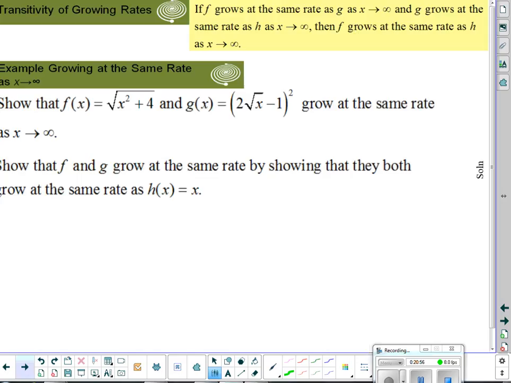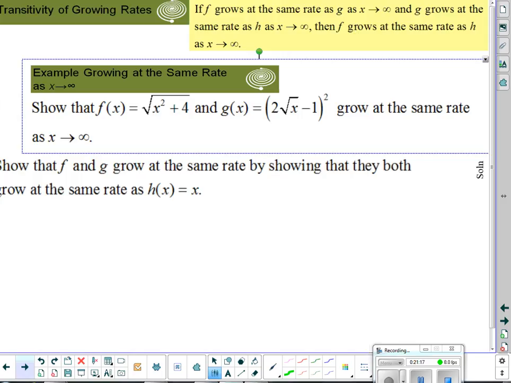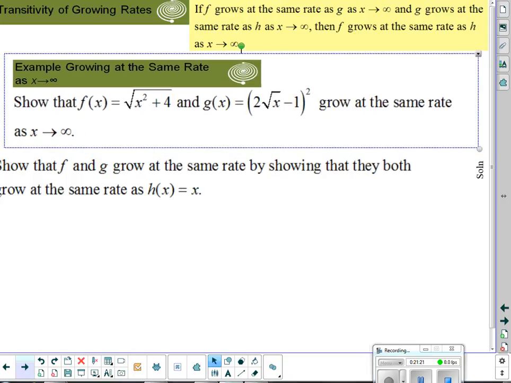Hey, it's kind of like that transitive rule. If A was equal to B and B was equal to C, then I can connect and say that, therefore, A is equal to C. Transitivity rule of equality, I think, was how it's worded. It's that same notion. If I can compare to something that they have in common, then I can make a comparison between the outer two functions.